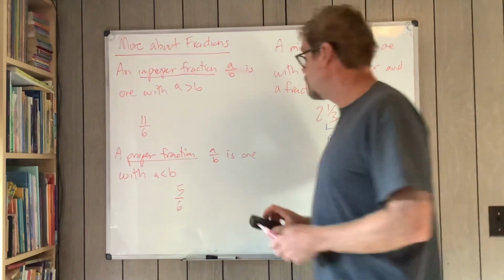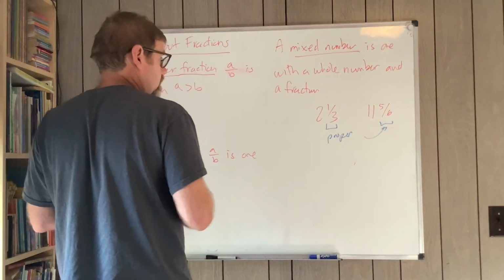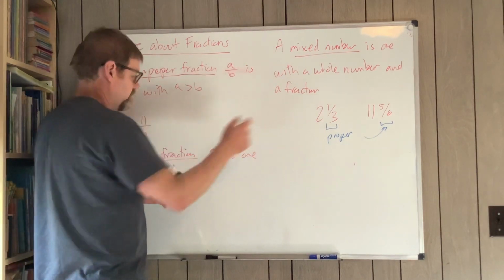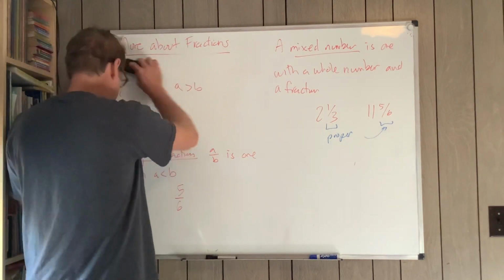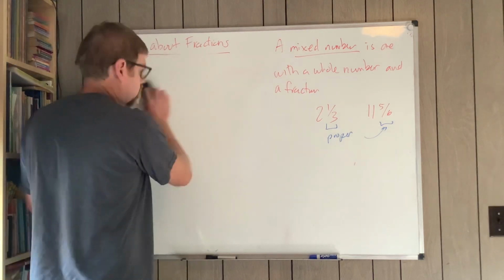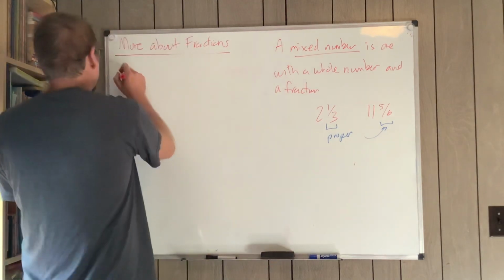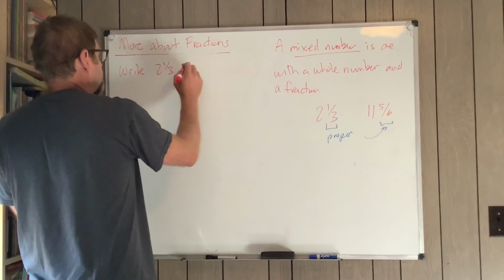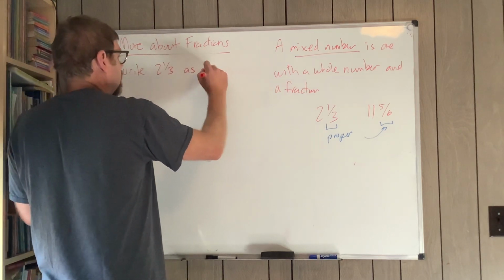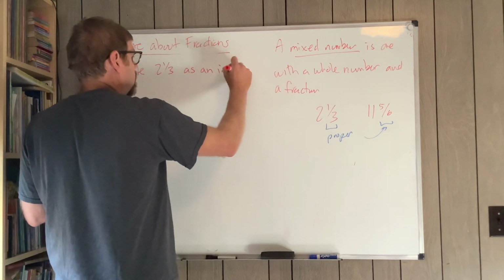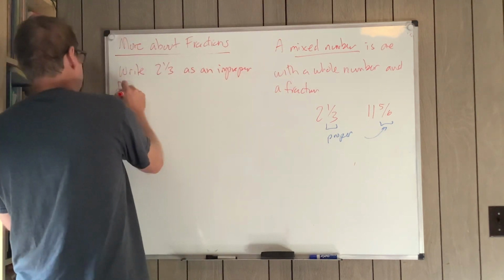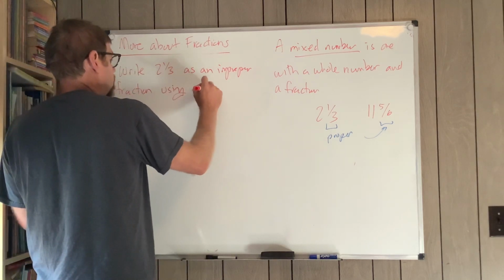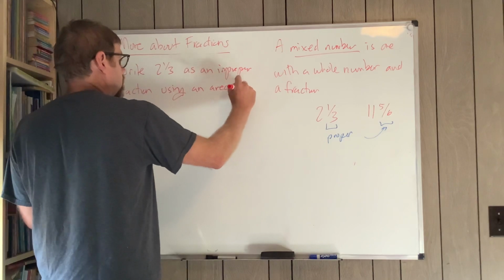All right. So one thing that we do is we can change an improper fraction into a mixed number and vice versa. So let's talk about that. Right, 2 1/3 as an improper fraction. And we're going to do it using an area model, first of all.